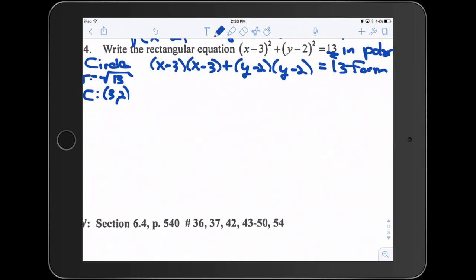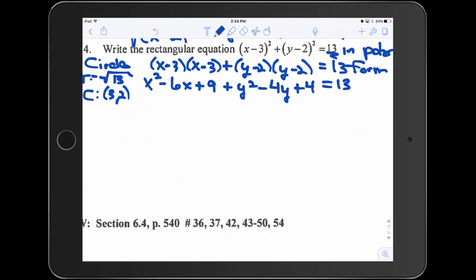Okay, and so when we FOIL these out, we end up with x squared minus 6x plus 9 plus y squared minus 4y plus 4 equals 13.